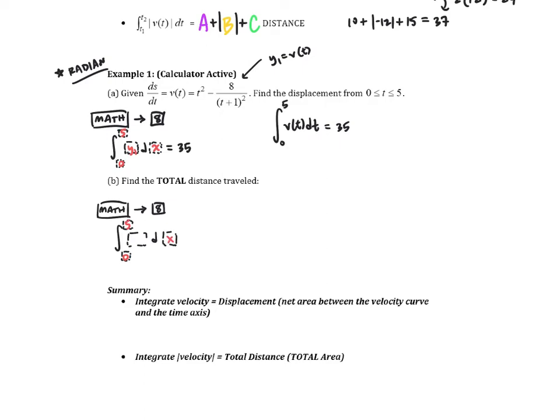Now, what you want to do is, when inserting your function, first thing you want to do is math, and then you're going to go over to the number option along the top column. Then you want to select option 1, which should say abs.